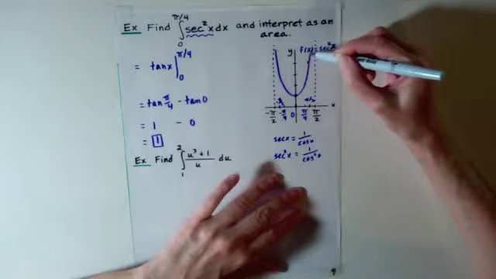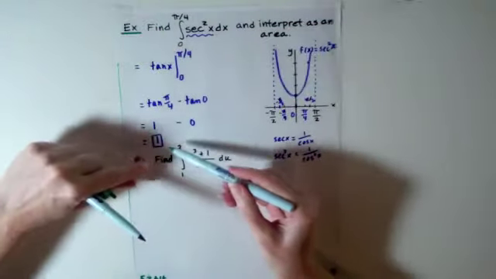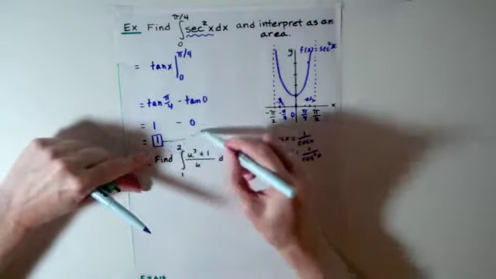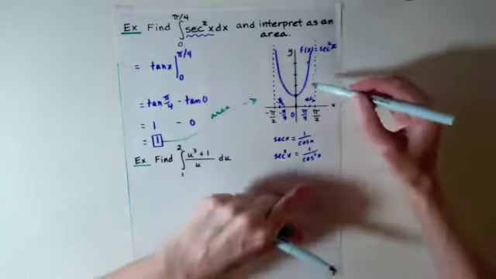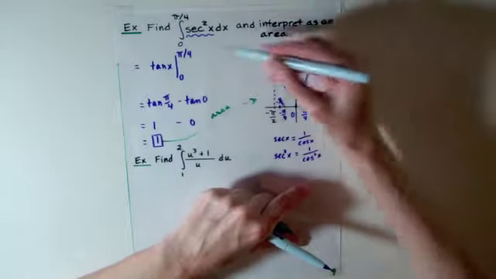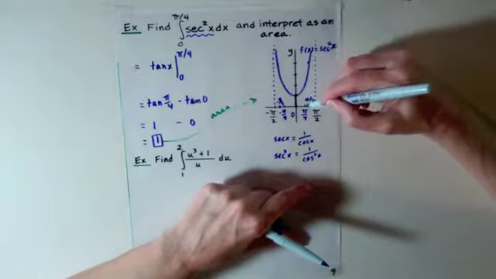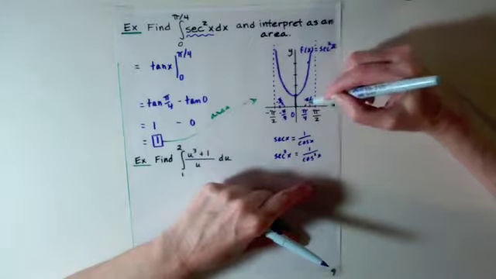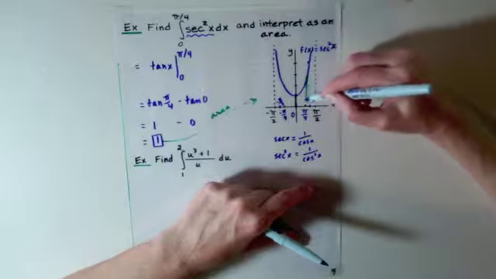And I won't worry too much about the details of graphing that perfectly. But what we have just found with this definite integral, this answer of 1, was really a certain area. It was the area underneath this curve, secant squared x, from 0 up to pi over 4. And when I plugged in pi over 4, I got 2 as an output value.